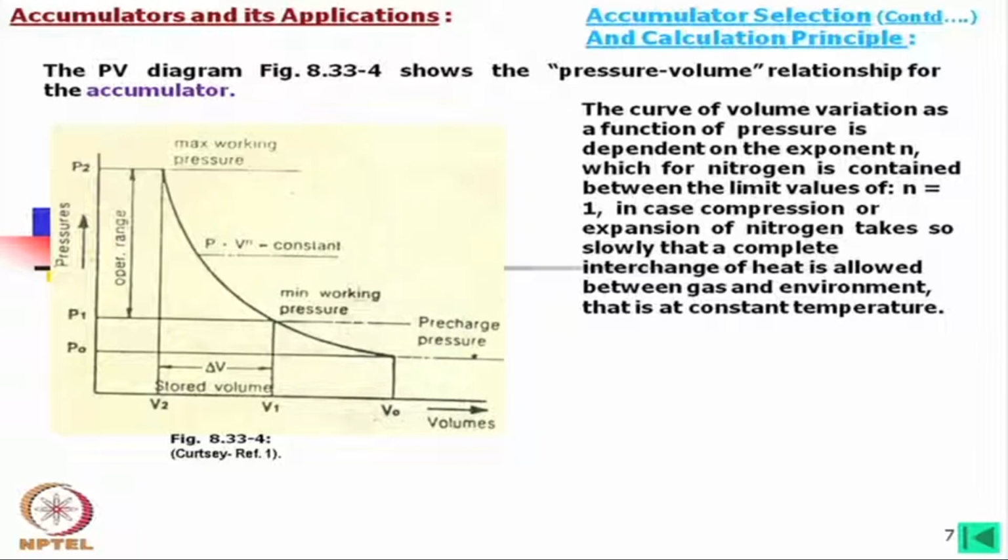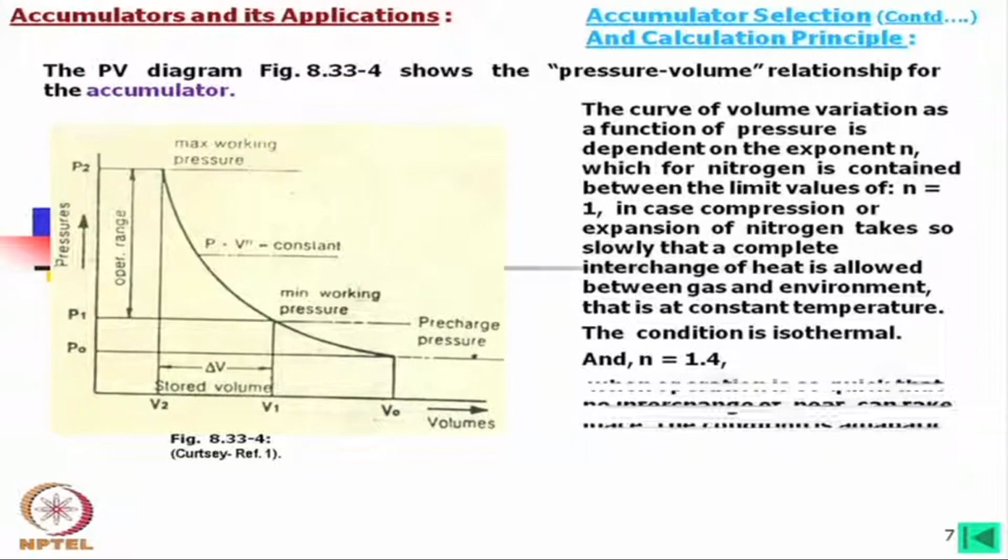So, this is for the slow process. Now, this condition we call isothermal. Sorry, perhaps I told earlier that a very quick process is isothermal. It is not that. This interchange time is required, and N maximum is equal to 1.4.